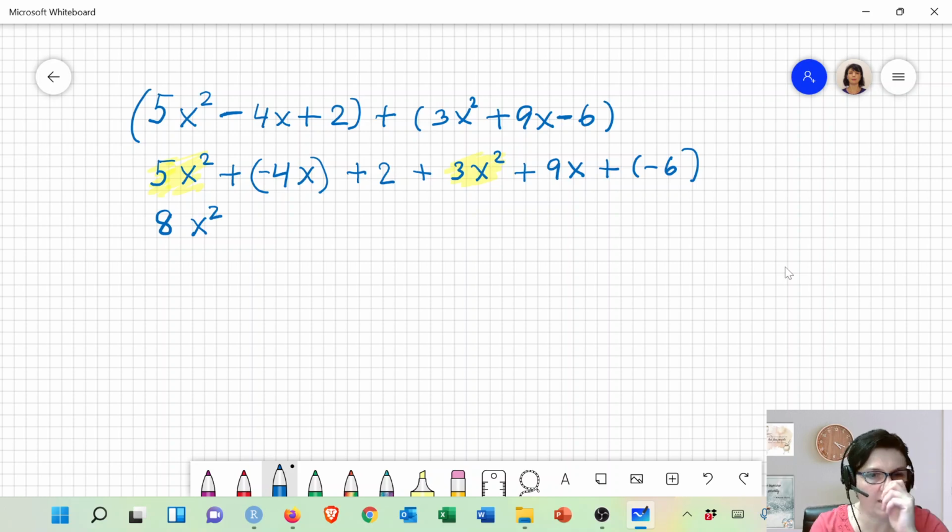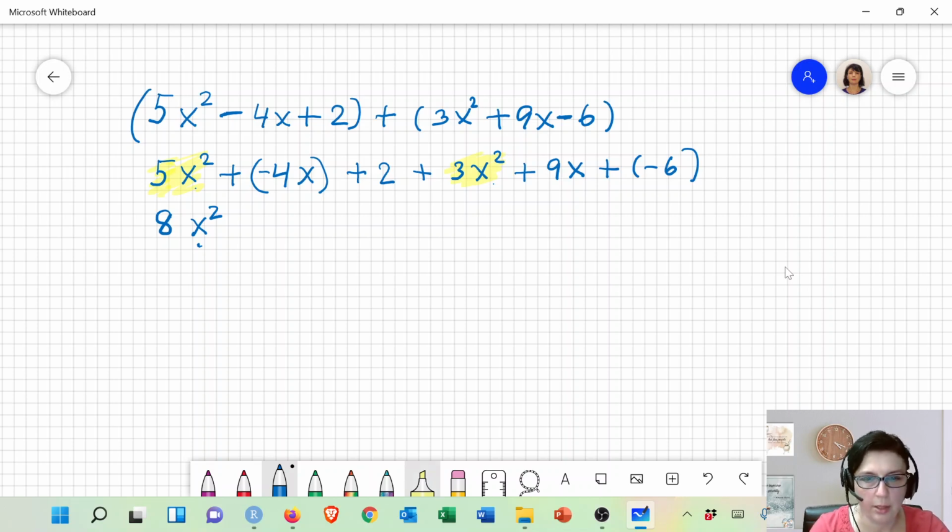It's the same as if you have 5 apples plus 3 apples. That's 8 apples, right? So I take 5 apples, another 3, I get 8, right? And then the same variable, x squared, so don't make it anything different. An apple is an apple, okay? This is also an apple. It's not going to be apple squared or whatever.